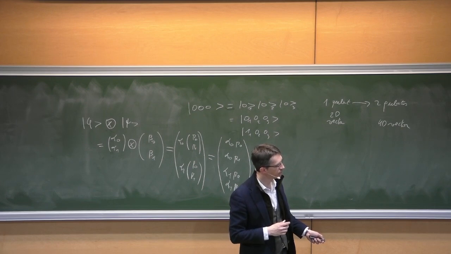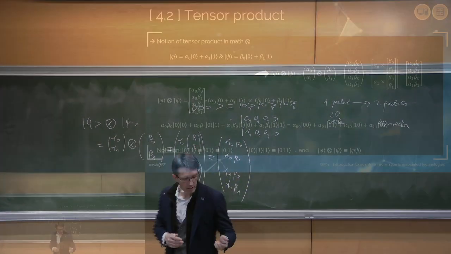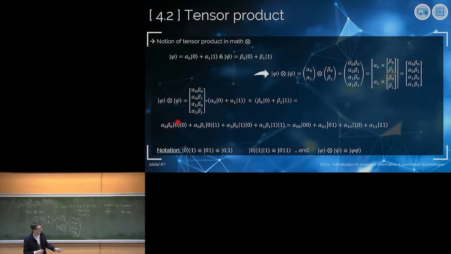If I redefine the coefficients as alpha 0 0 equals alpha 0 beta 0, and so on, and use a notation where I combine the two qubits together, then I end up with the definition of a two-qubit state that I gave previously. Either way, you can use this notation or this way of doing it, knowing that afterwards all you need to do is take these four components and put them into a 4D column vector.